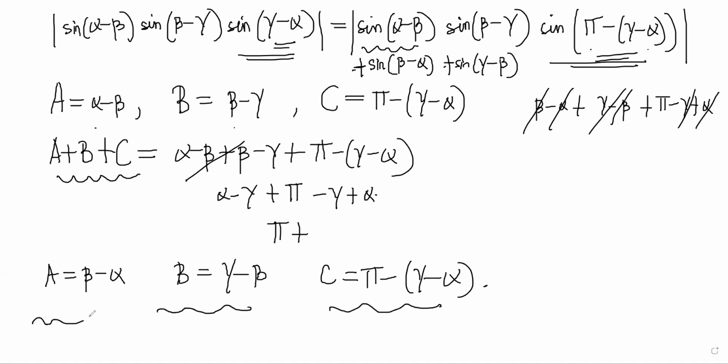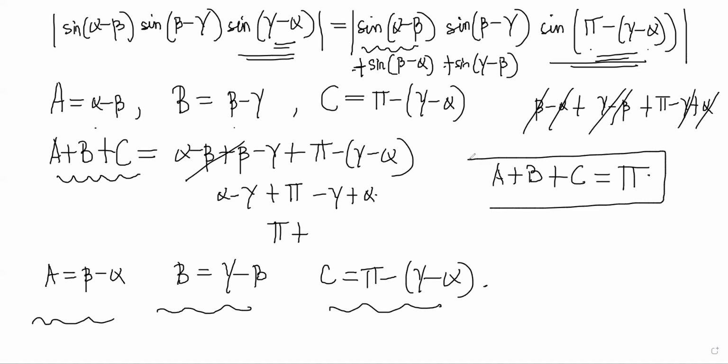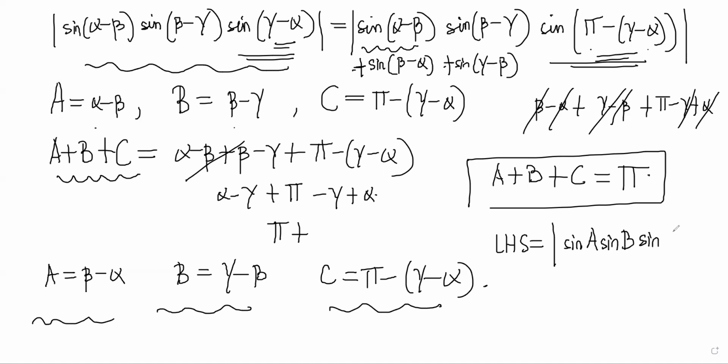And in that case, what is A plus B plus C? In that case, A plus B plus C is coming out to be pi, right? Therefore, the LHS is basically equal to, this part is equal to mod of sine A, sine B, sine C, where A, B, C are angles of a triangle, because the sum of the angles is equal to pi.